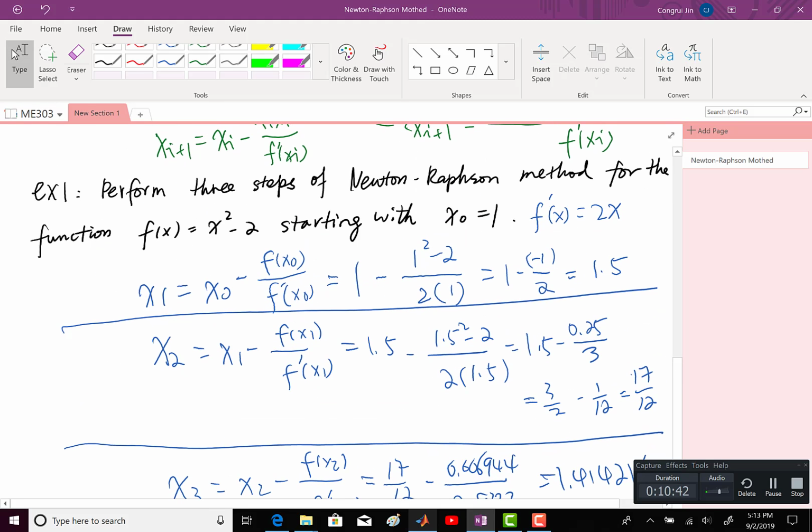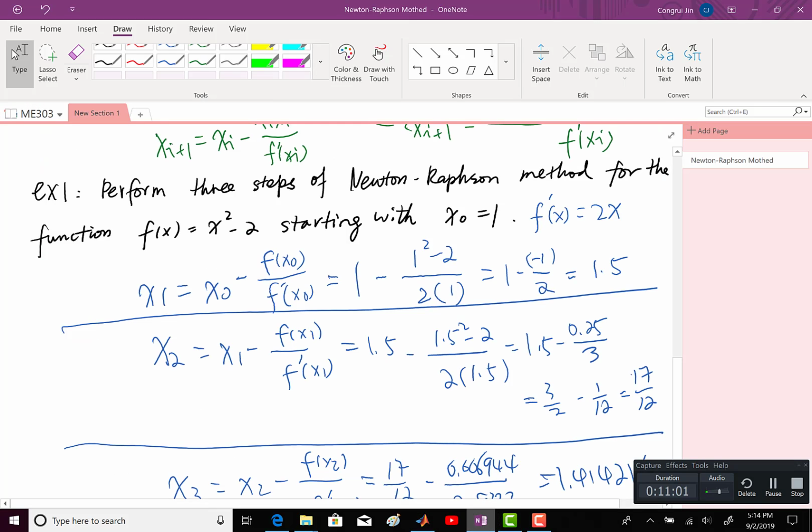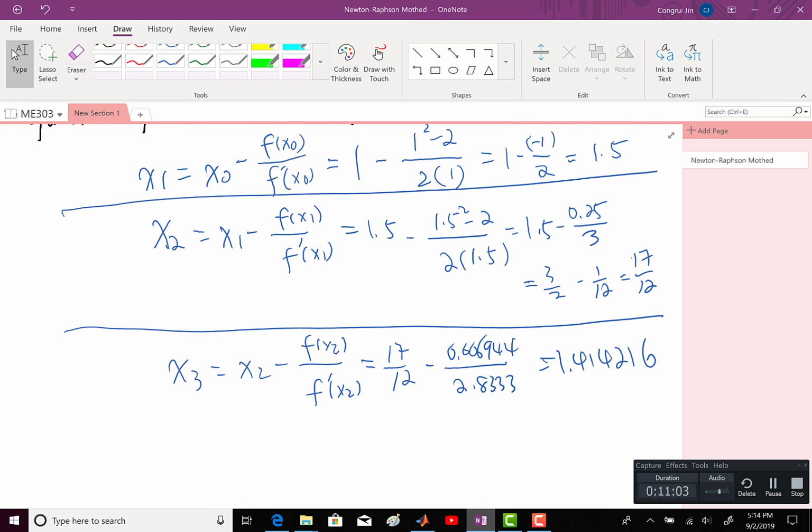The exact solution, the root for this one, should be the square root of 2, which is 1.414214. And you can see that after 3 iterations, we are already really close to the actual root.